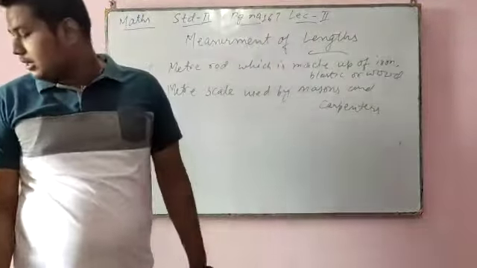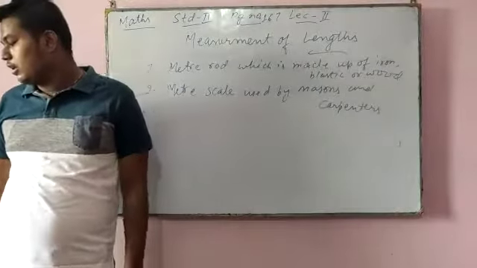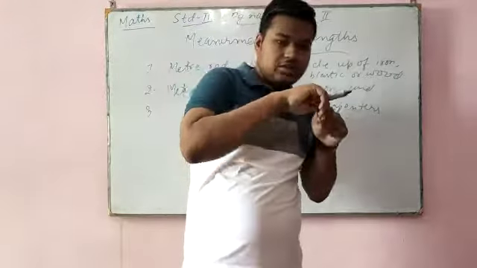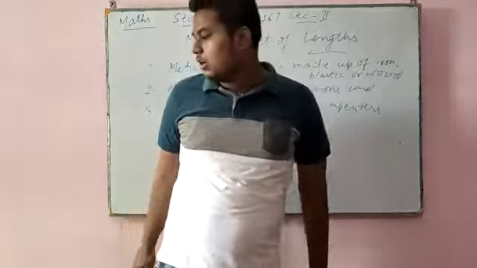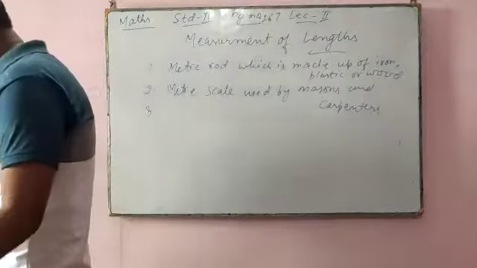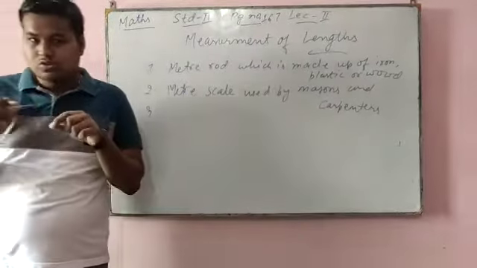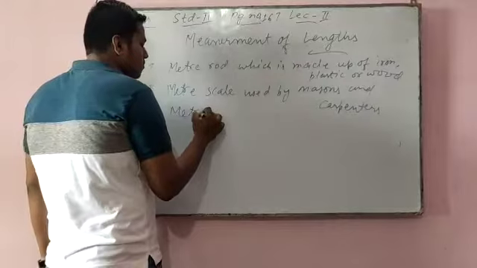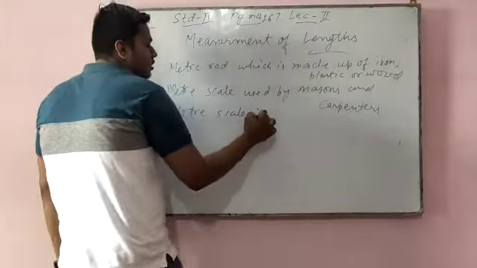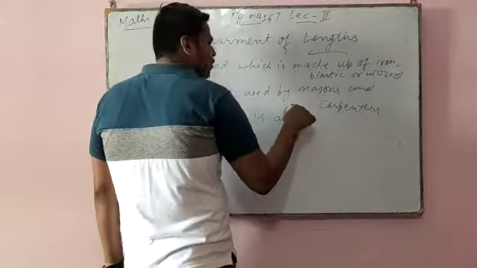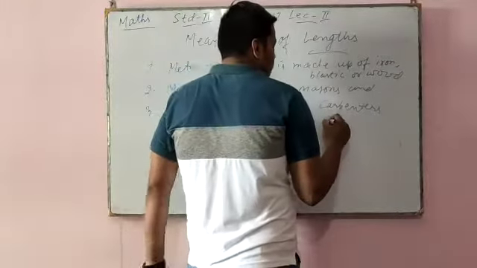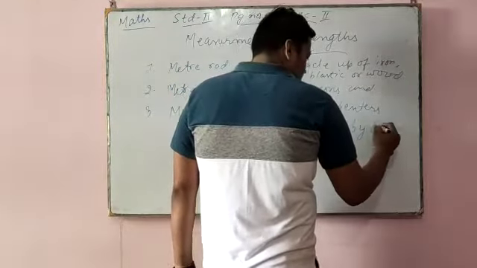Tailors also use a meter scale. Whatever the mason and carpenter use, you have to stretch it, but whatever the tailors use is also very thin. That is also known as a meter scale. So meter scale is also used by tailors.